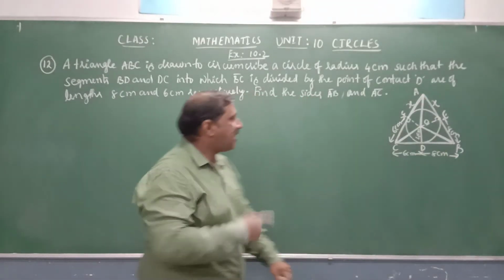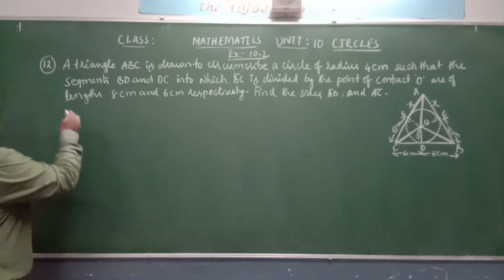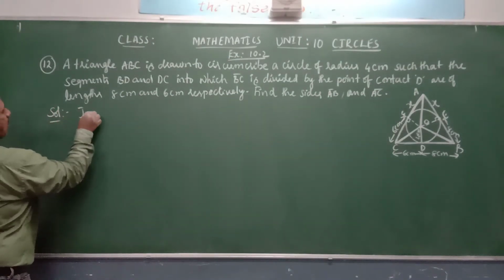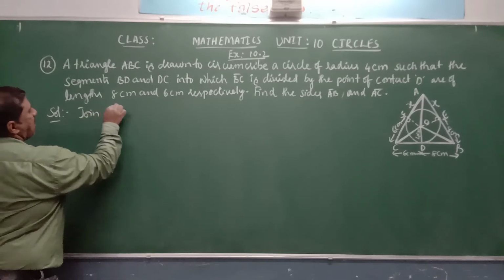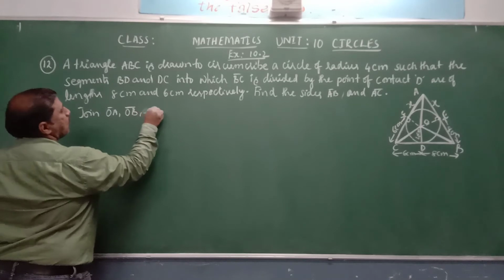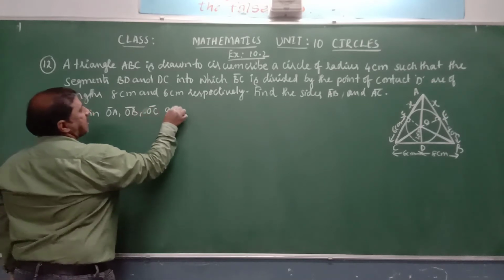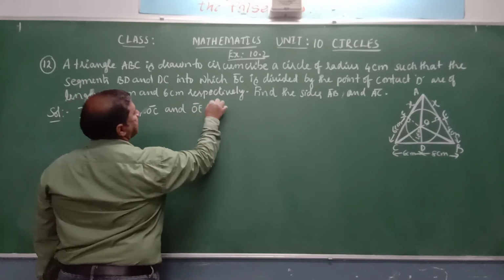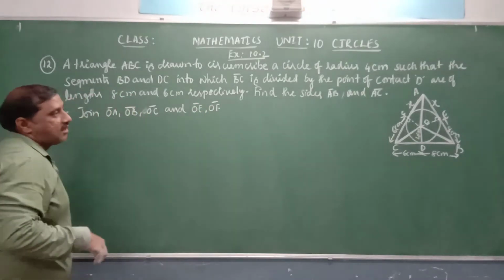Now we will find the areas of those triangles. So join OA, OB, OC and OE, OF. Right?